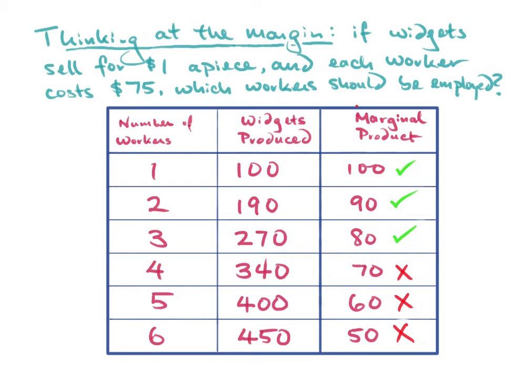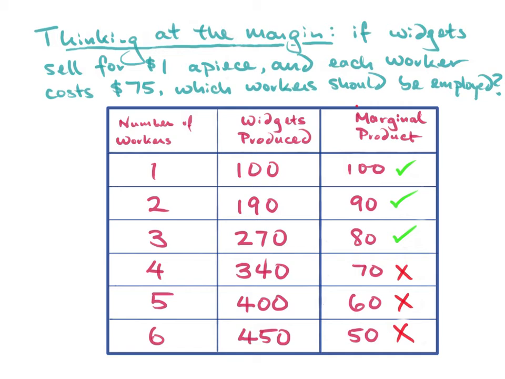Marginal cost is $75. It's profitable to employ that third worker, but not the fourth. The fourth worker brings in $70 of revenue and costs $75 to employ. So the firm would lose money by employing that fourth worker. So that's not a good idea, nor is the fifth, nor is the sixth.